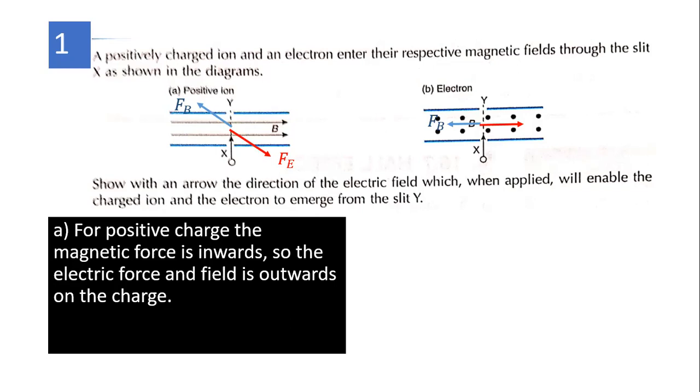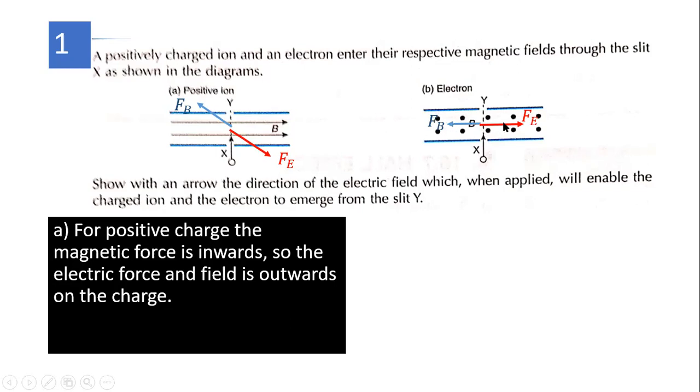So now you want the electric force to be to the right. Wait, you tried to tell me the first finger is to the left. I thought the third finger is to the left. Sorry, the magnetic force is to the left.